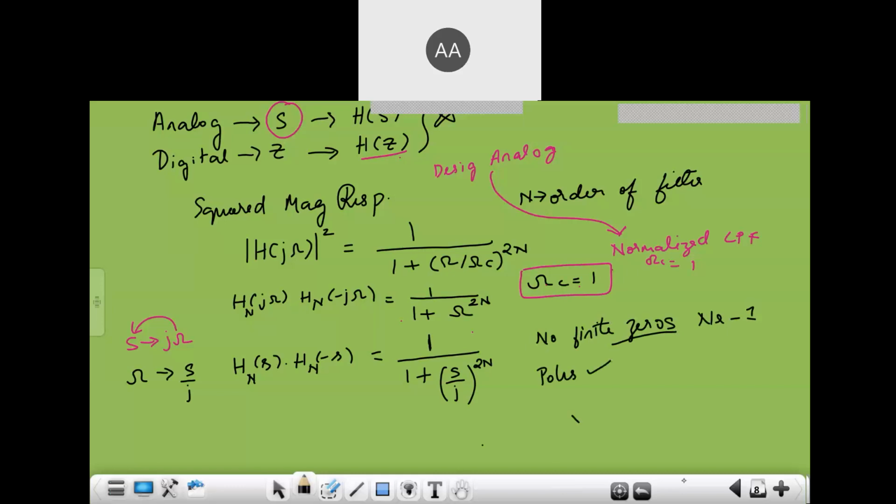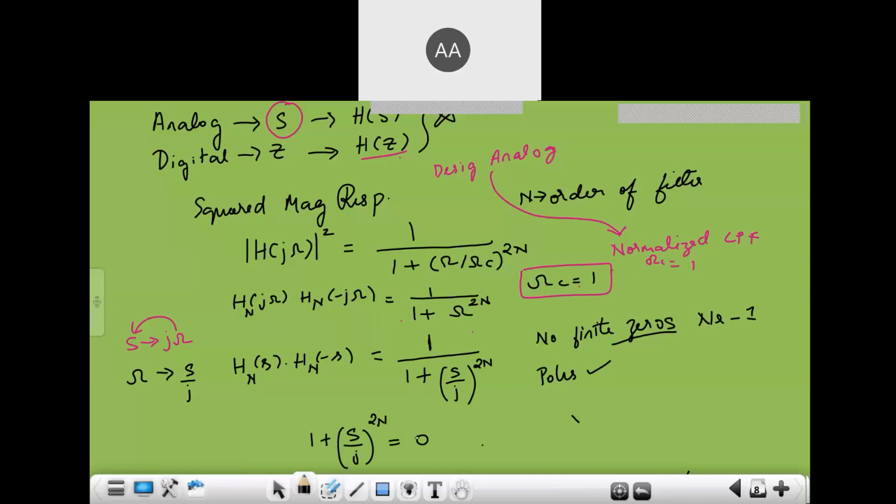So to find the poles, what you should do is equate your denominator term to 0 and find the roots of that equation.